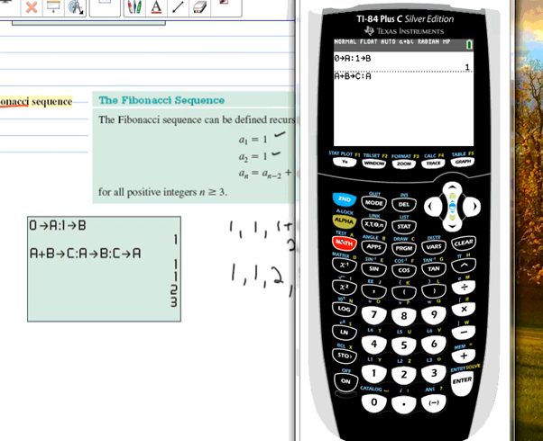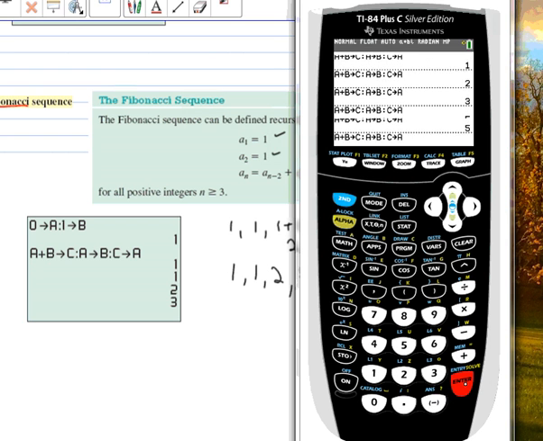Alpha A, store it alpha B, colon. Take C and make it the A value. Alpha C, store it as alpha A. There's the first number. Hit enter. There's the second number in the sequence. Hit enter again.